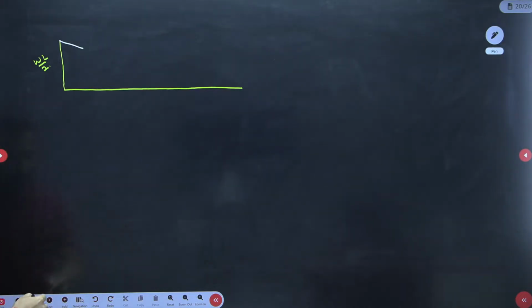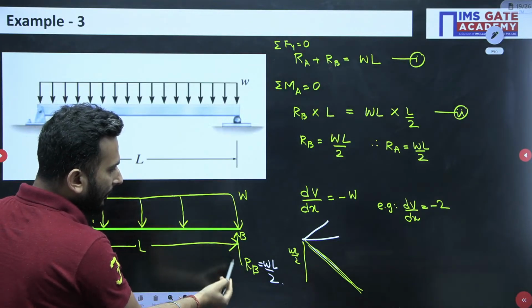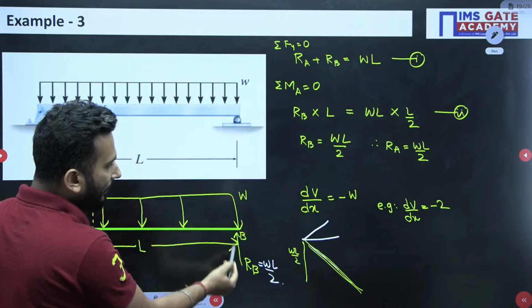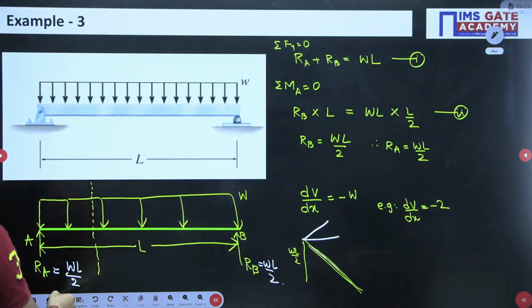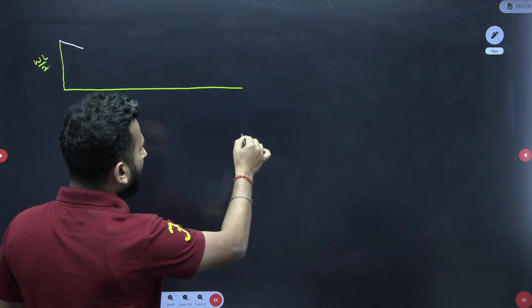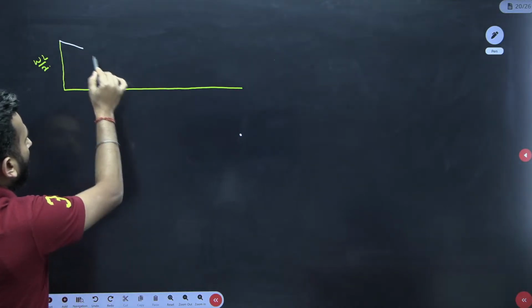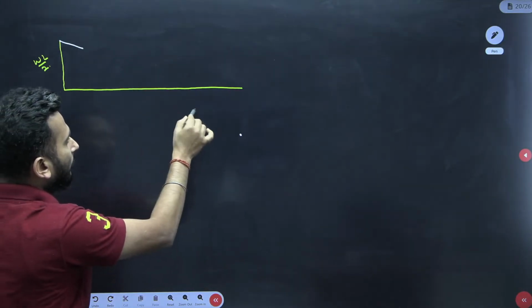Acha, one more thing. At the end there is an upward acting point load. So I can at least sense that this line is coming, and somewhere it would have been intersecting.